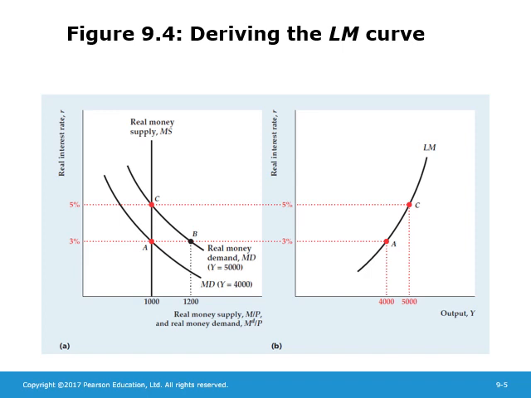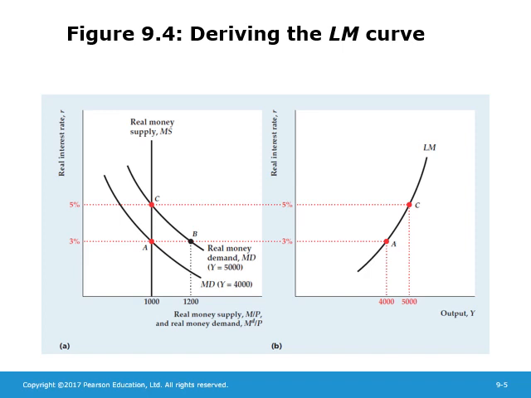And the real money demand is a downward sloping curve because it decreases as the real interest rate increases. Here the vertical axis is the real interest rate on non-monetary assets such as bonds. So when it increases, the real money demand decreases. MD at Y equals 4000 means this is the real money demand associated with output of 4000.